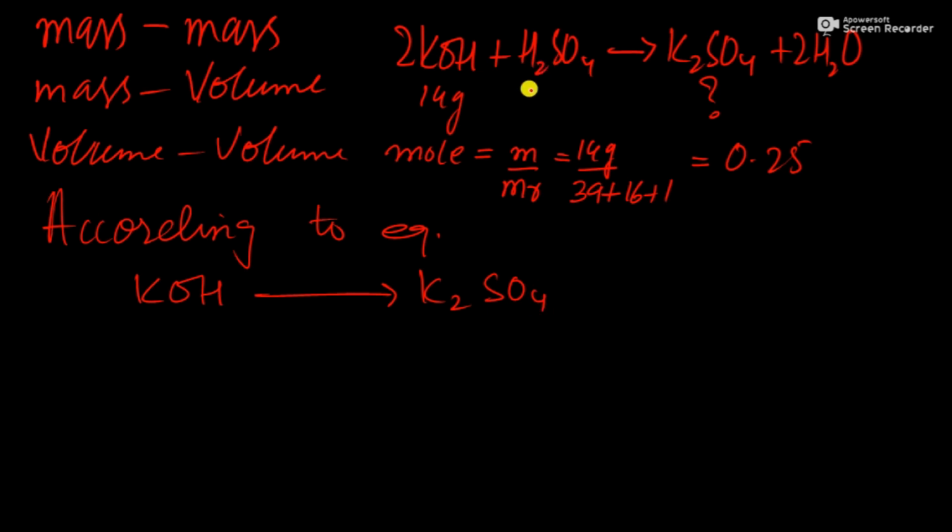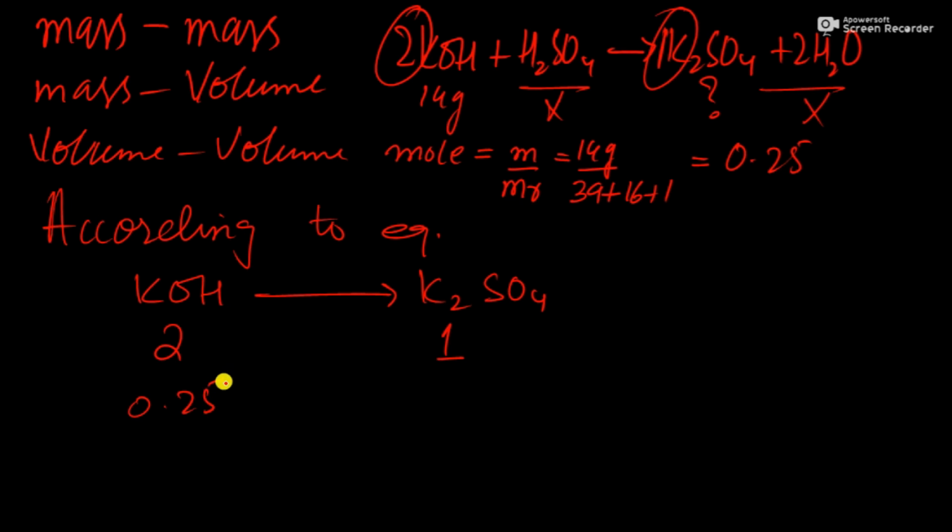What is the relation according to the equation? It is 2 and there is nothing, that means 1. The relation is 2 to 1. That means if we have 2 potassium hydroxides, the potassium sulfate will be half of it. So if we have 0.25 moles of potassium hydroxide, half of this will be 0.125, right?